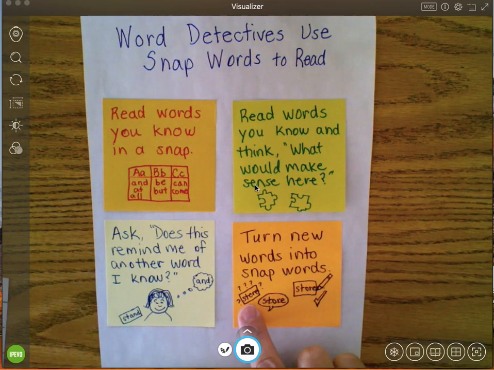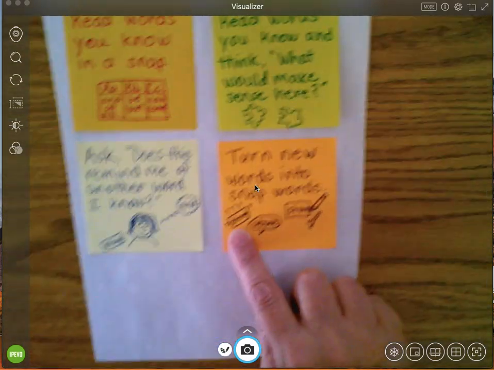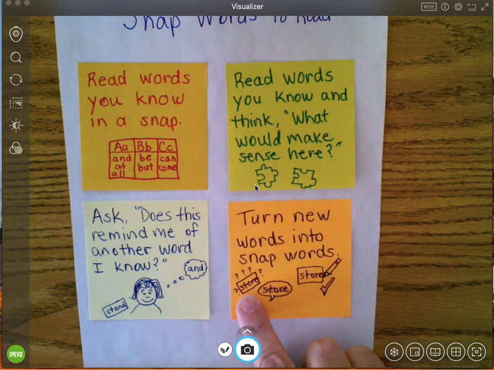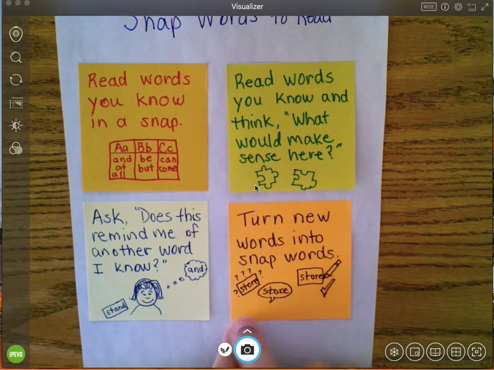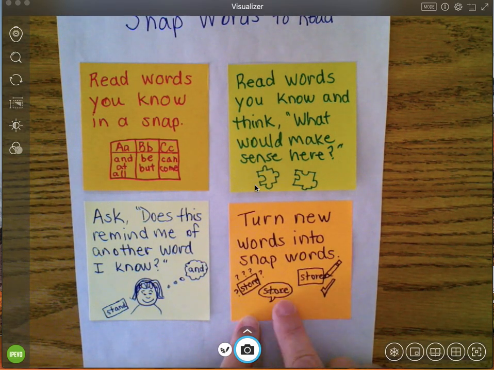So if we would come to a word like this that we do not know, we cannot read, and we try our strategies and we figure out that this word is store, we're going to glue our eyes to it, make sure that we recognize it and know it, and then we're going to practice spelling it and chanting it like S-T-O-R-E, store.